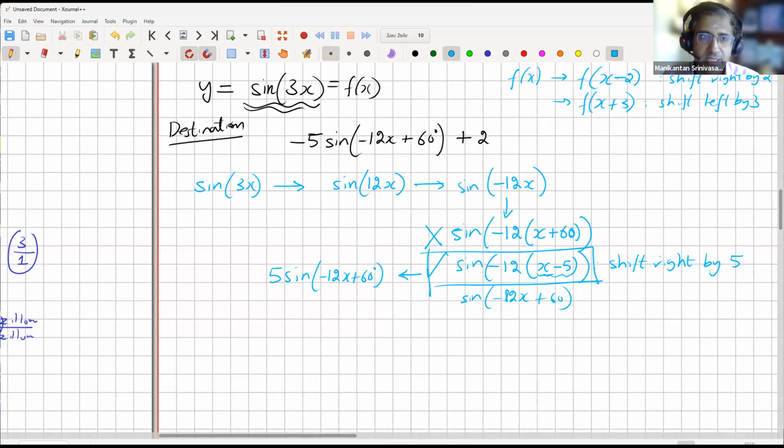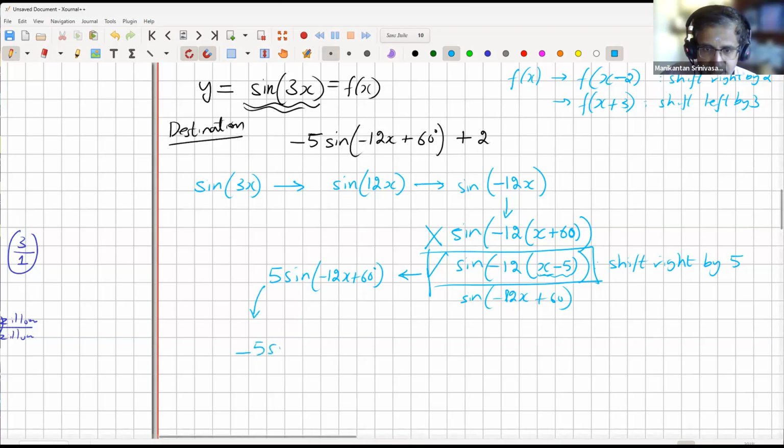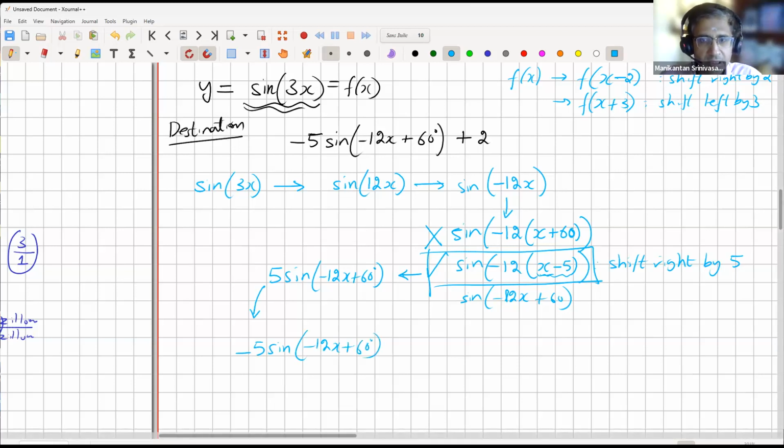So it's a vertical stretch by a factor of 5. And then the next one would be minus 5 times sine of minus 12x plus 60. What is this step? It would be like stretching vertically down by 5 units.